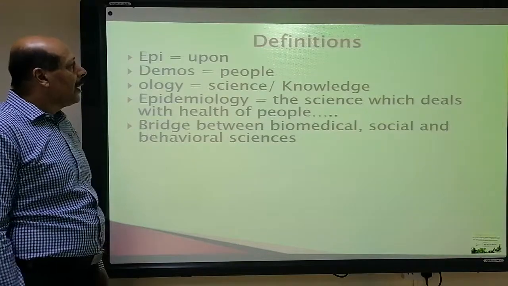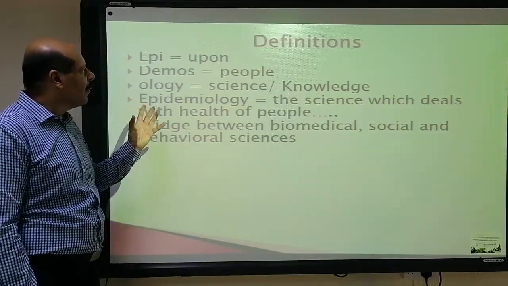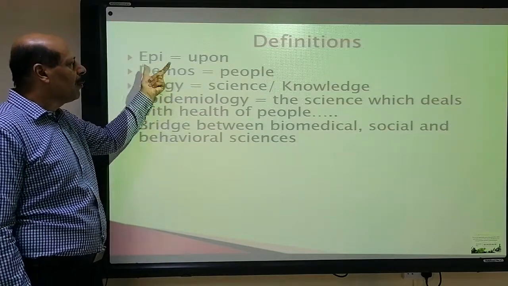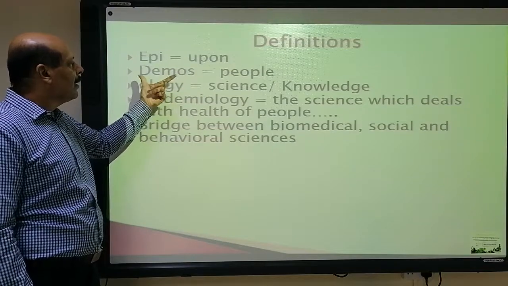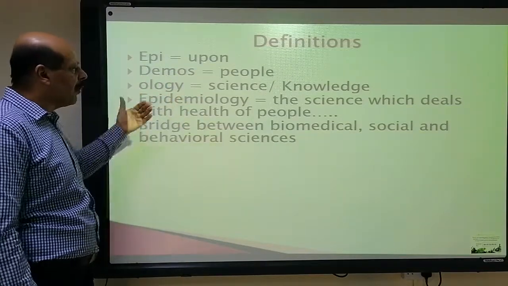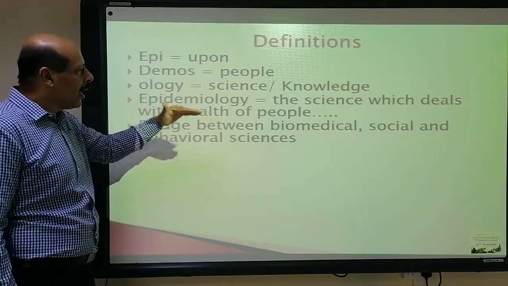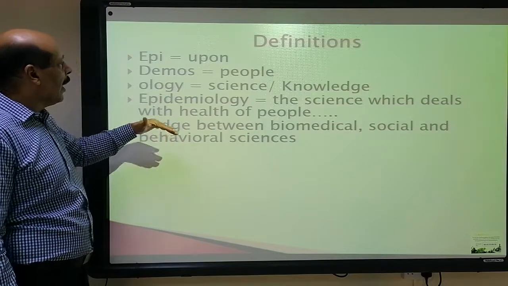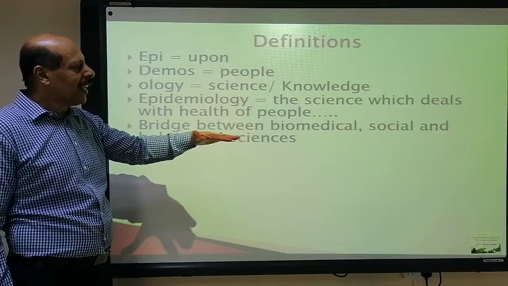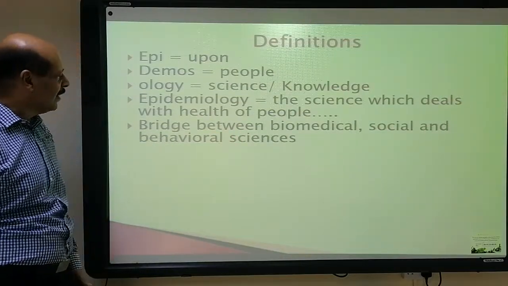So, in the definition of epidemiology, it comes from the prefix epi, which means upon, and demos, which means people. Ology means the science and knowledge. So epidemiology is the science which deals with people, and also bridges biomedical, social, and behavioral science.